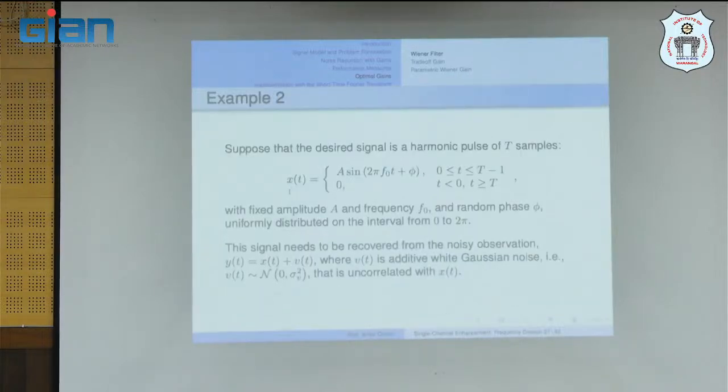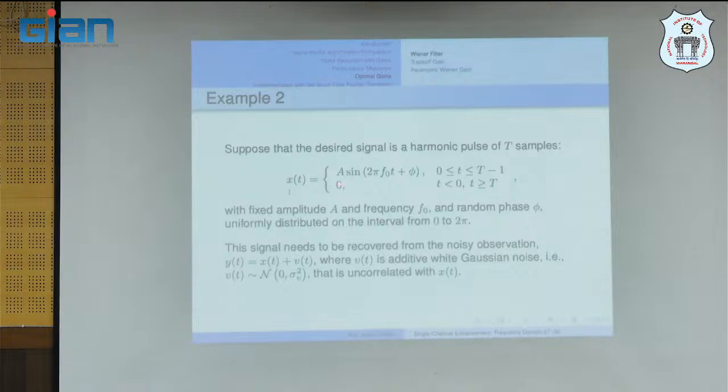Let's see another example. Instead of the first example, let's talk about another example, a sinusoidal signal. Suppose that we measure this signal on a certain interval, which means that we have only capital T samples of this signal.